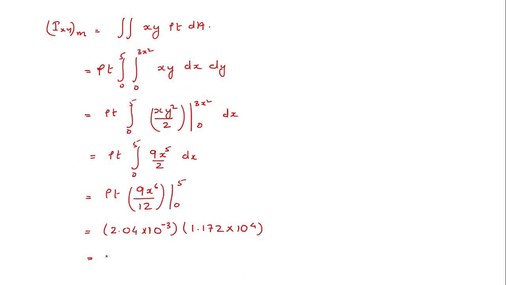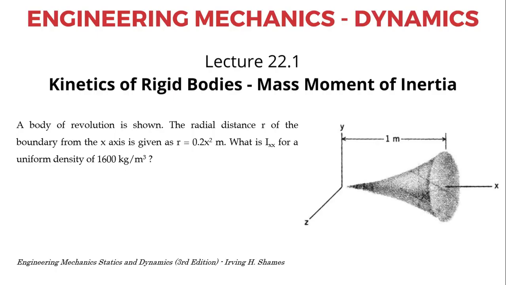Multiplying these both, you will get 23.906 kilogram millimeter square. So I have found Ixx, Iyy and Ixy. Now moving on to the next question. A body of revolution is shown.